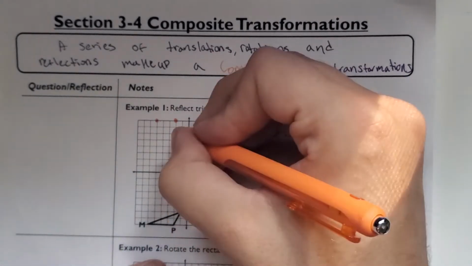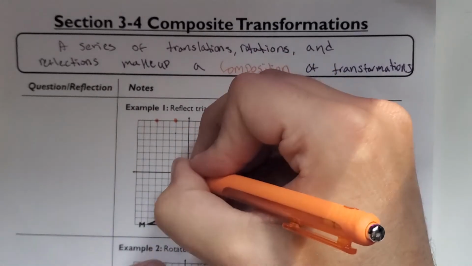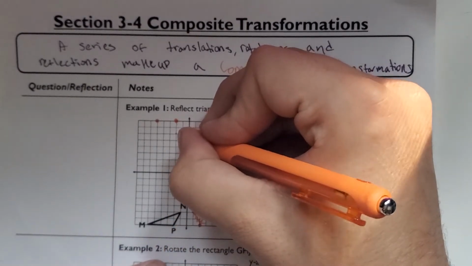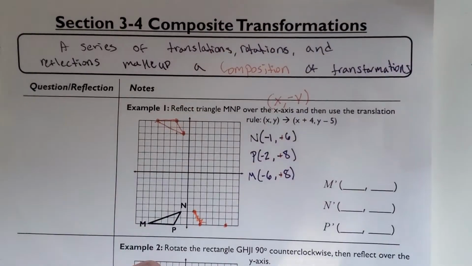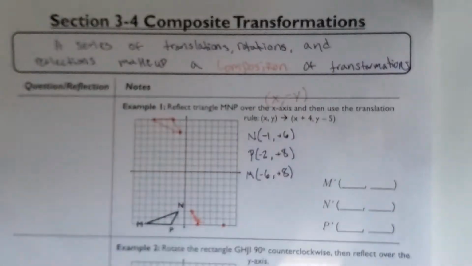And p is there. N is there. Making mistakes. There we go. That's better. So that's the reflection over that x-axis and switches all my y's from being negative up top to being positive.